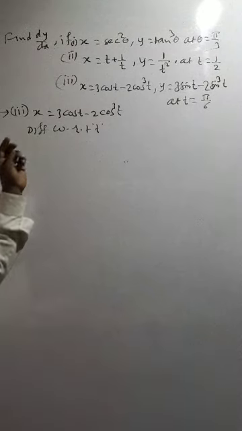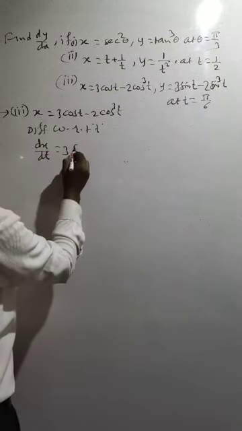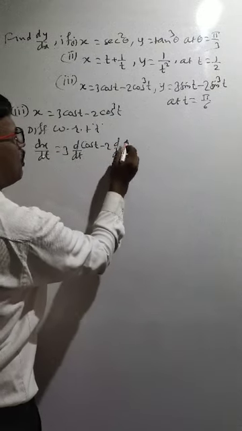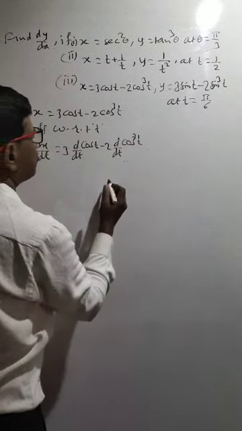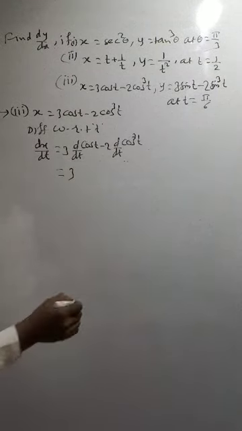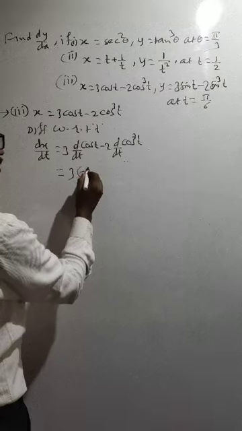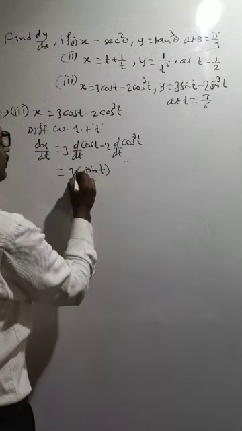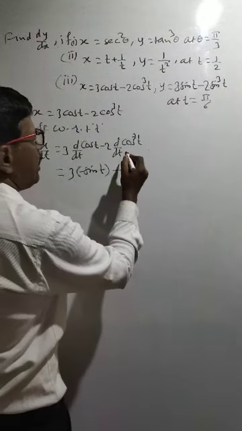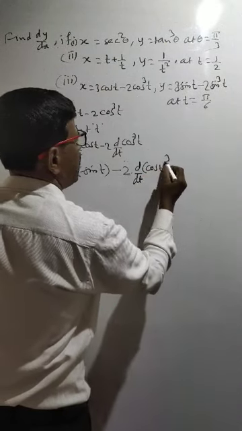Therefore, dx by dt equal to 3 into d by dt of cos t minus 2 into d by dt of cos cube t, equal to 3 into d by dt of cos t, which is minus sin t, minus 2 into d by dt of cos cube t.